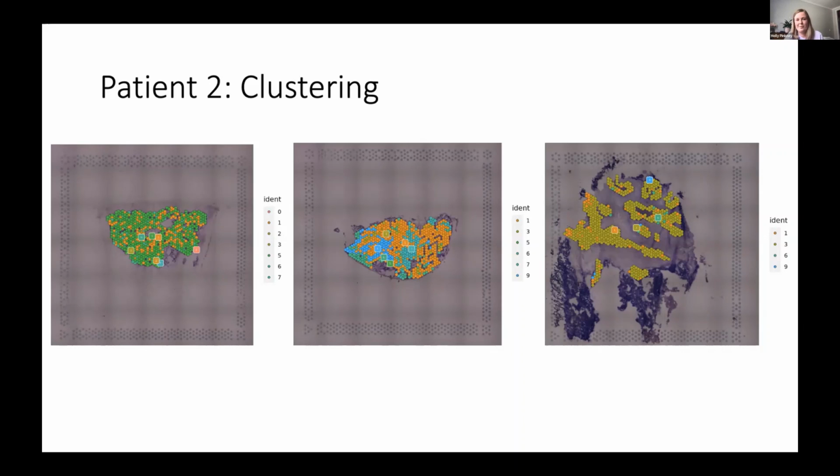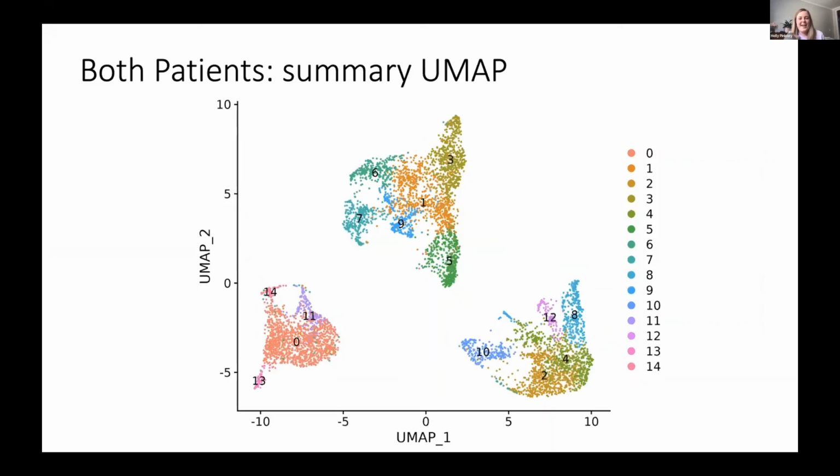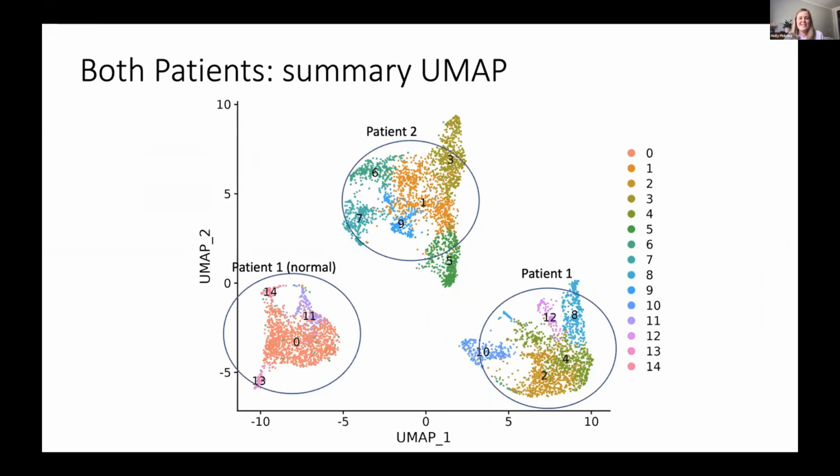So this summary UMAP of the clustering has a lot going on. I'm not going to discuss every aspect of it, but essentially down in the bottom left here, we have the normal tissue from patient 1, and then patient 1, the tumour sections over here, and patient 2 clustering up here.